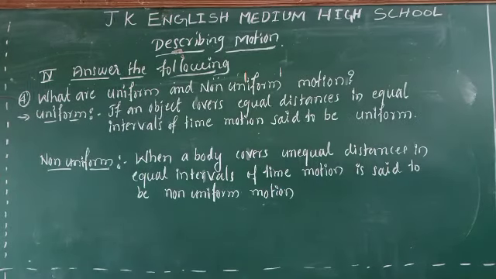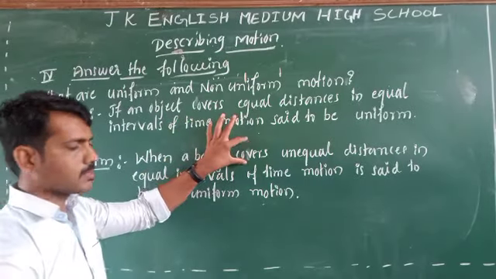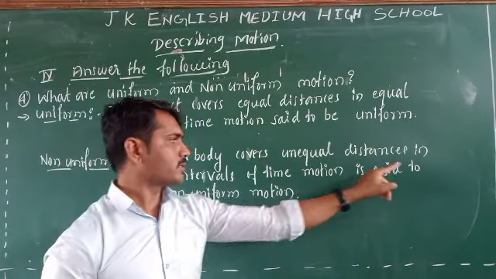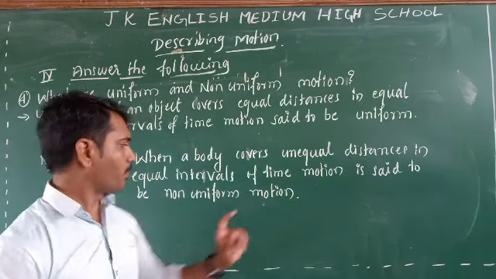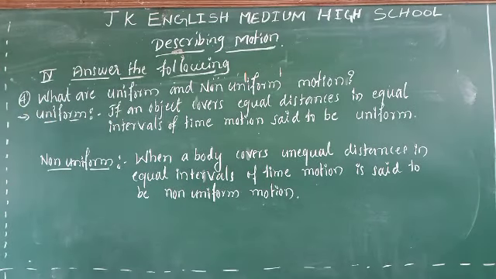So once again I'll read. When a body covers unequal distances in equal intervals of time, motion is said to be non-uniform motion. This is the answer of question number 4.